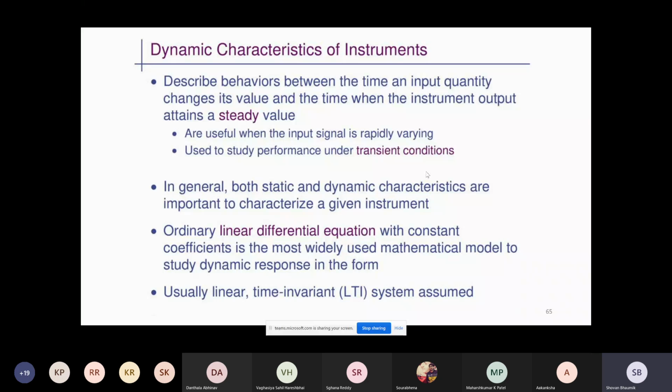You need to know the measurement system model with the help of a linear differential equation, or in other words, if you do the Laplace transform, you need the transfer function. You need to know the transfer function of the measuring instrument in S domain. These are all things you need to know before you start applying any measurement system to any measuring device, to any system or any control loop or any particular application.